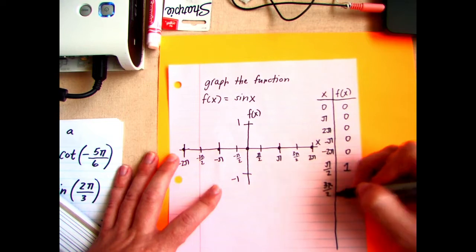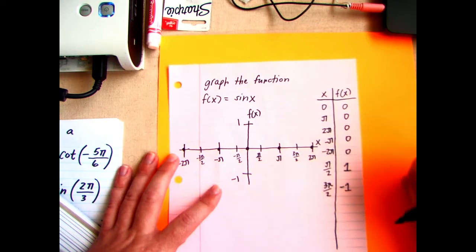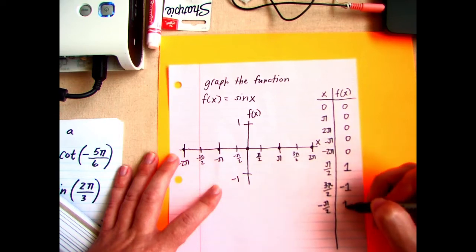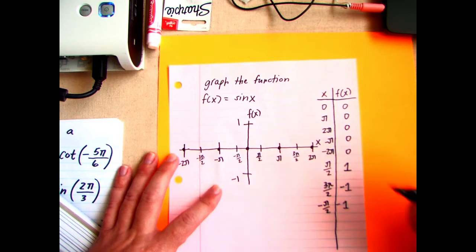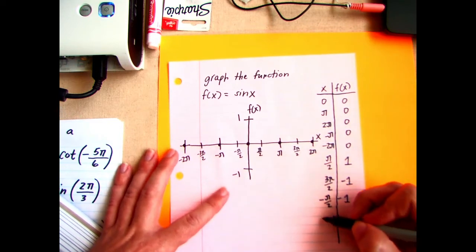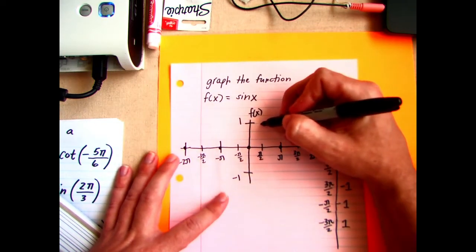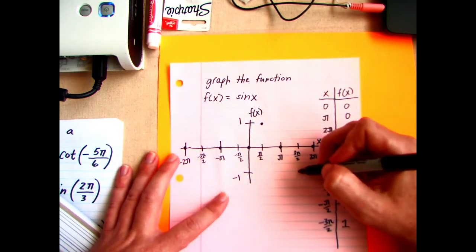Sine of 3 pi over 2 is negative 1. Sine of negative pi over 2 is negative 1. And sine of negative 3 pi over 2 is positive 1. So you really have to know those critical points.